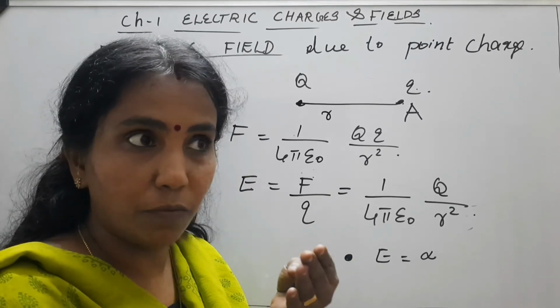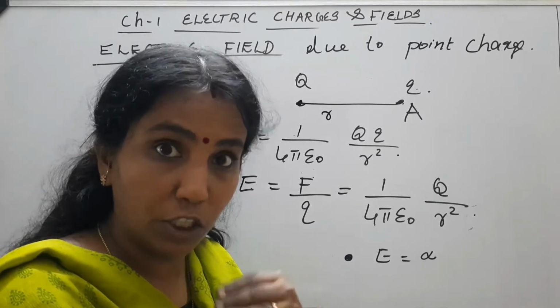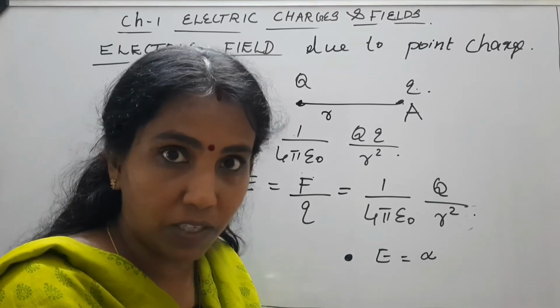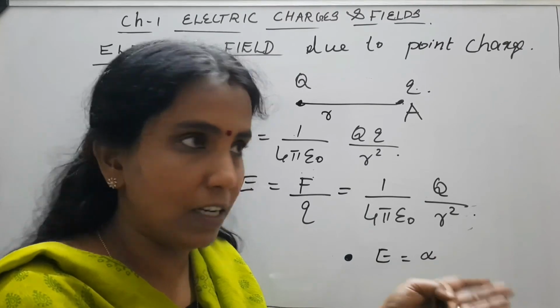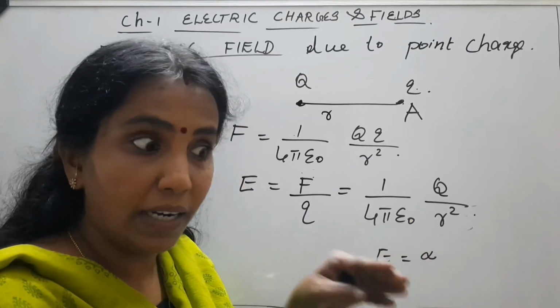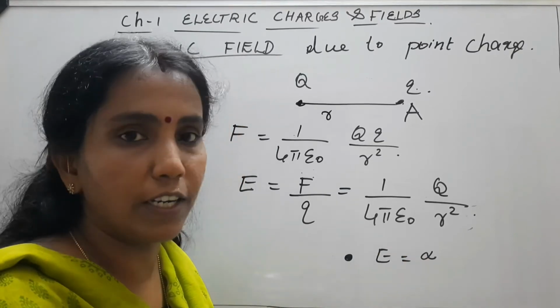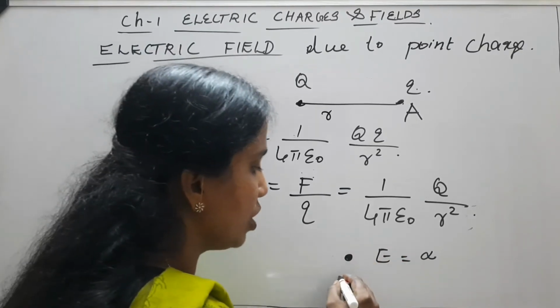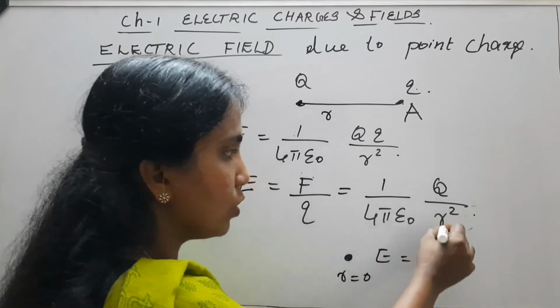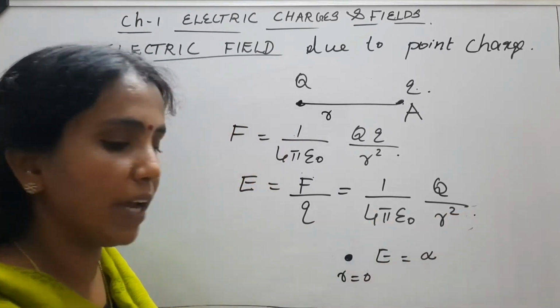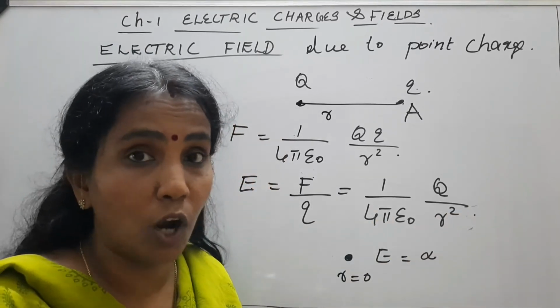In its vicinity, the field is defined by this equation, but at the position where it is kept, r will be equal to 0. So when r equals 0, electric field becomes infinity. That means it is not defined.